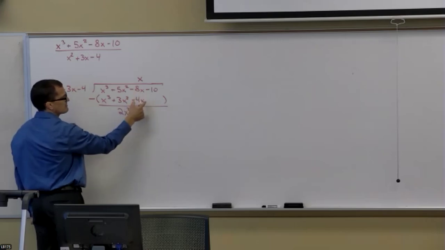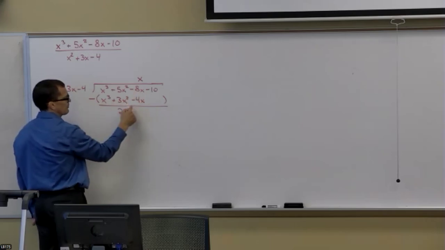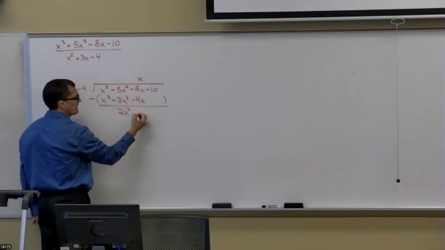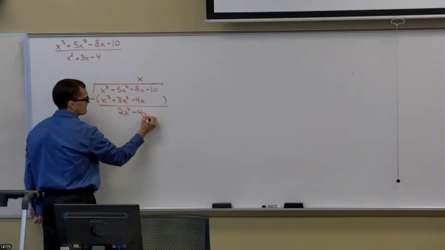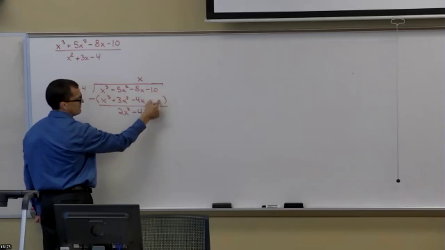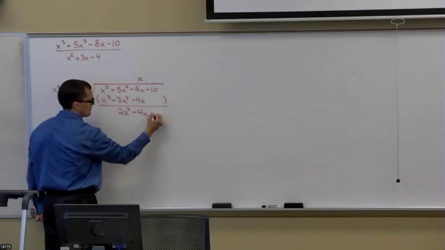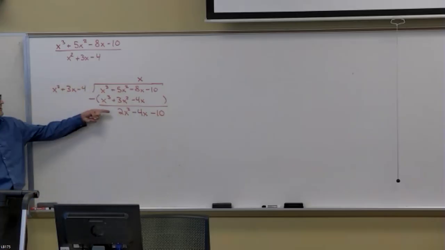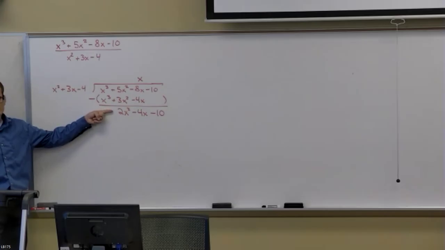Negative 8x minus a negative 4x, that's like negative 8x plus 4x, gives me minus 4x. This is minus 10 plus or minus 0, so we just get minus 10. So I get this remaining part of my dividend. This is the part of my dividend that remains.